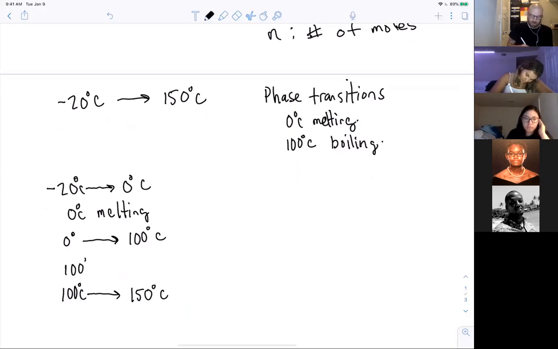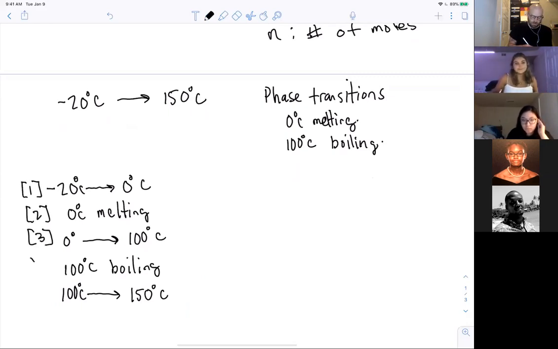At 100 degrees Celsius, we're going to be going through boiling. And so each one of these, we'll call that 1, 2, 3, 4, 5, corresponds to a separate calculation.